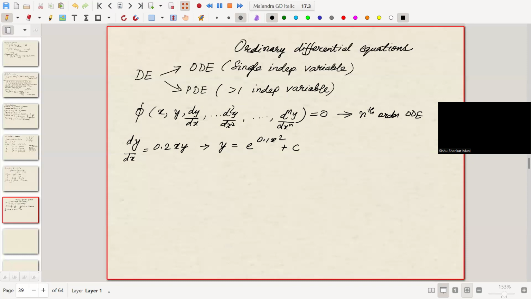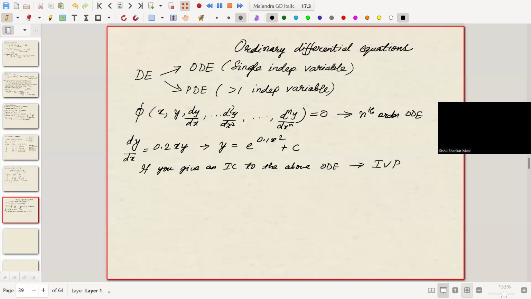If you give an initial condition to the above ODE, that is an IVP. What is IVP? Initial value problem. Great.